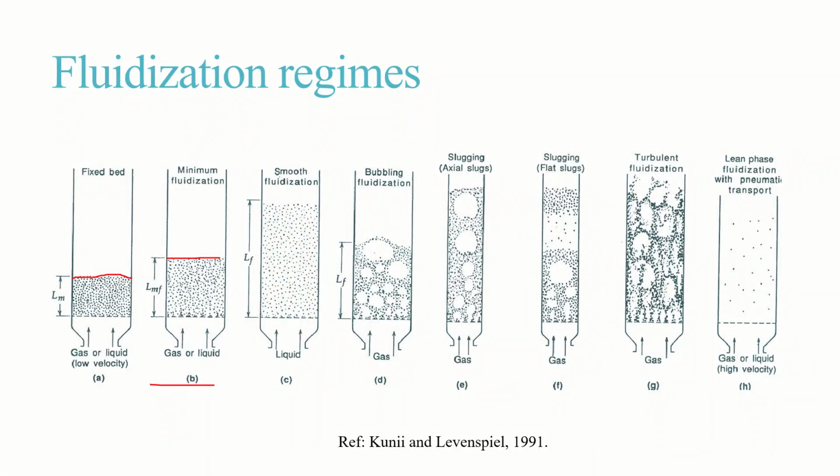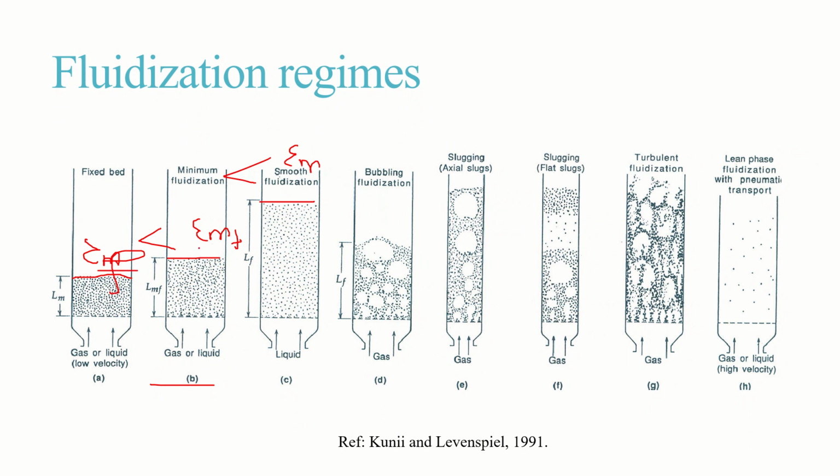Here we keep epsilon_m and here epsilon_mf. So the voidage is more here and lesser here.